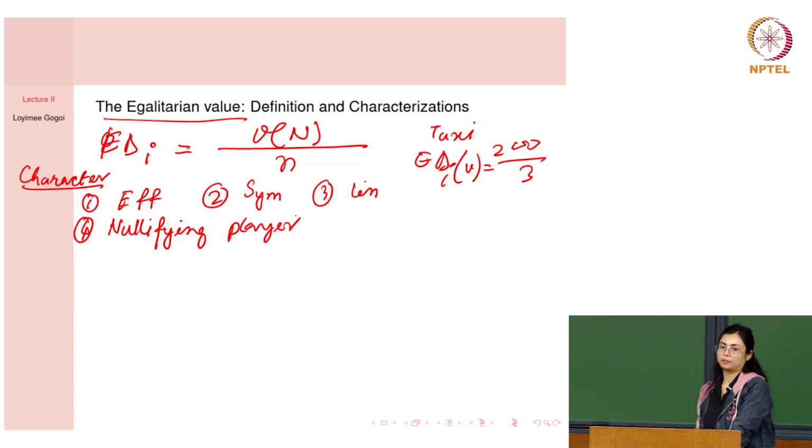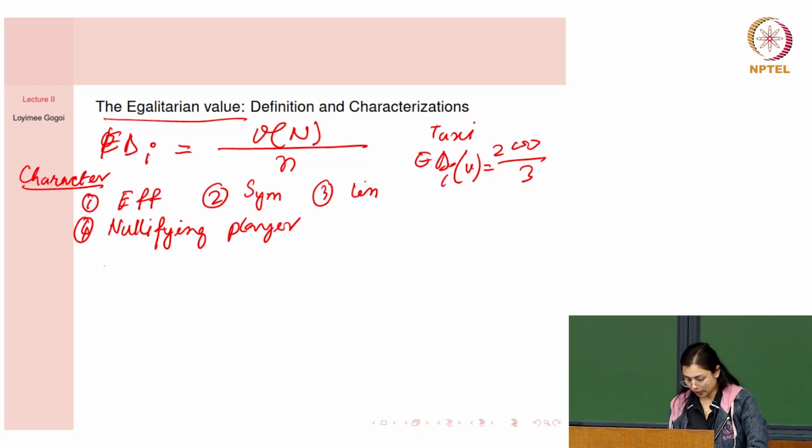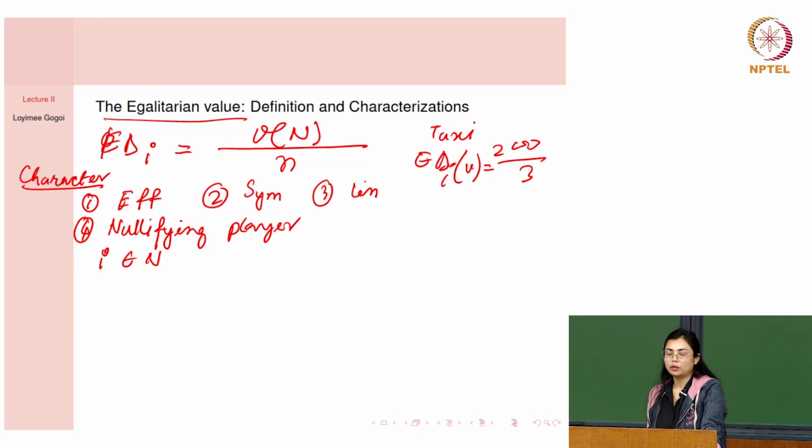In the null player axiom, whether that player is in the coalition or not doesn't matter to the worth, right? No, equal division will not satisfy this. But instead, it will satisfy something else called nullifying player.